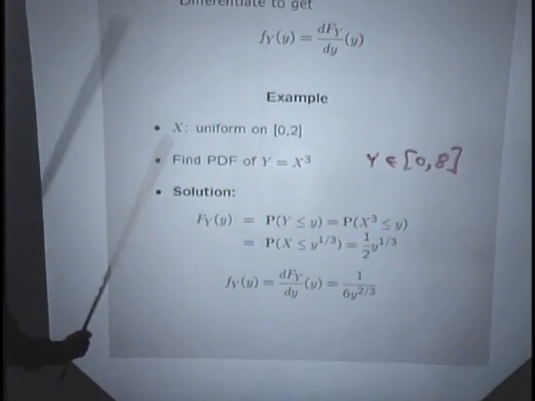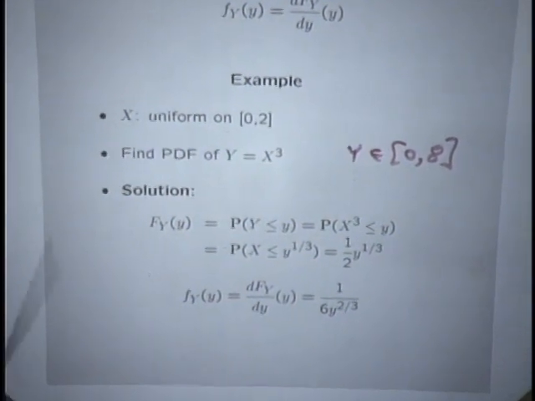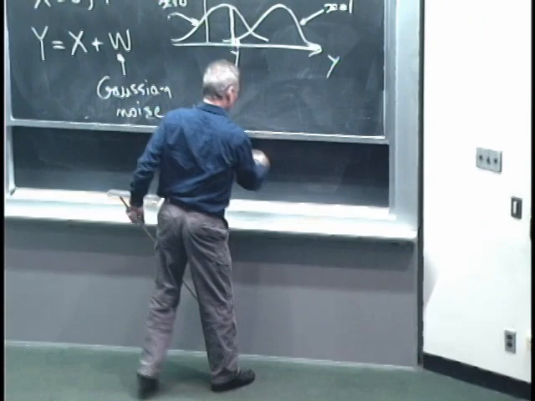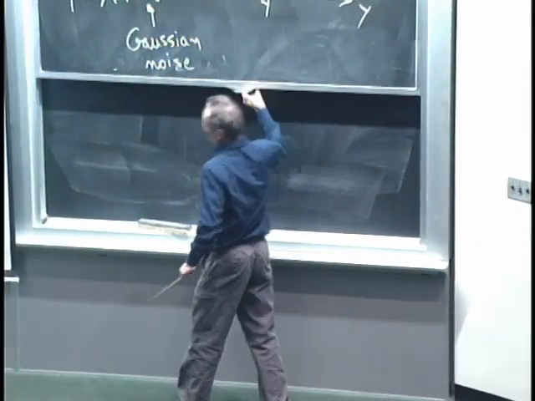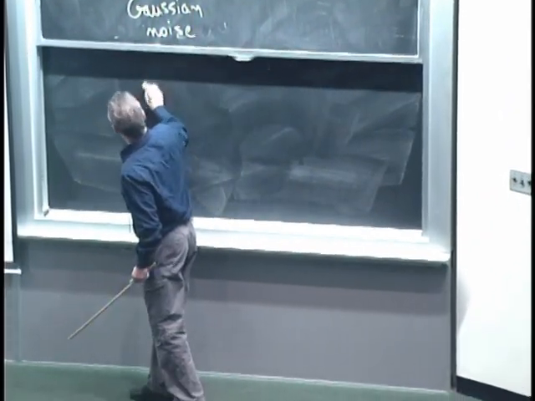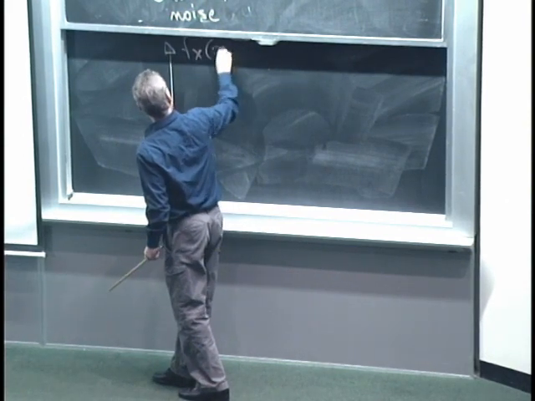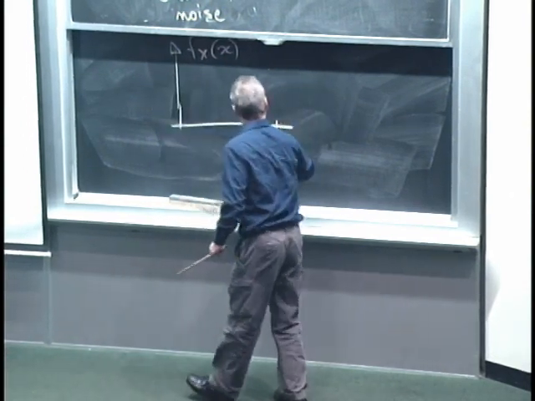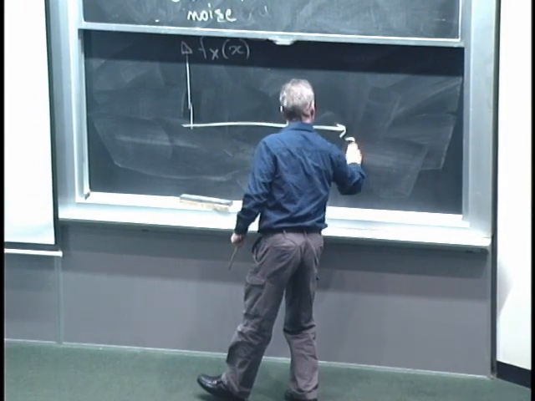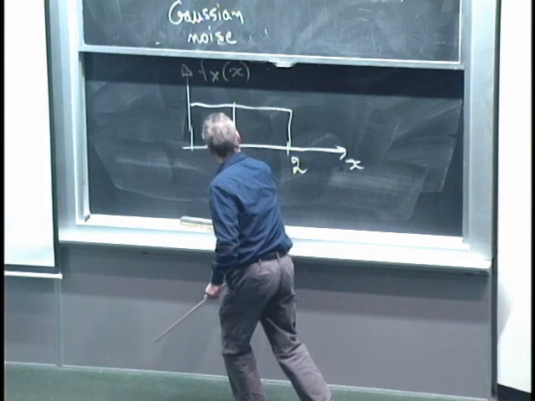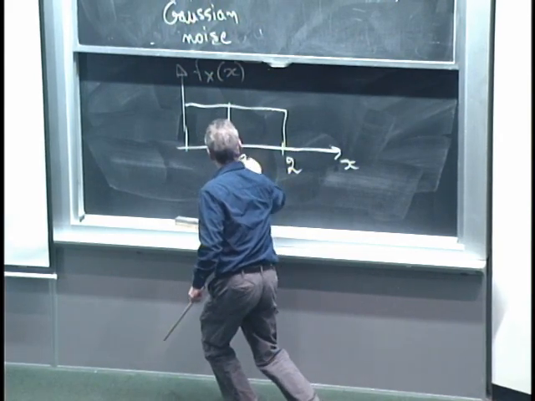So it's going to be the area under the uniform going up to that point. And what's the area under that uniform? So here's x, here's the distribution of x. It goes up to 2. The distribution of x is this one. We want to go up to y to the 1/3.